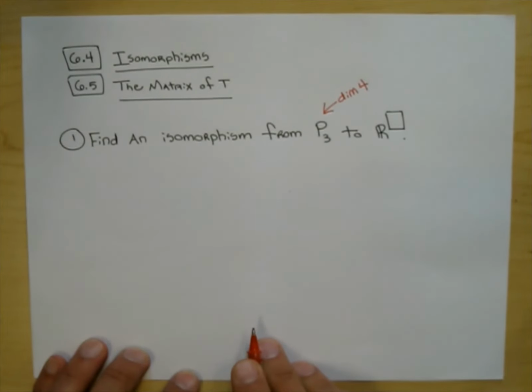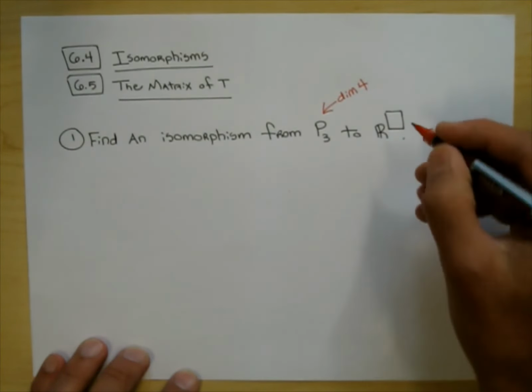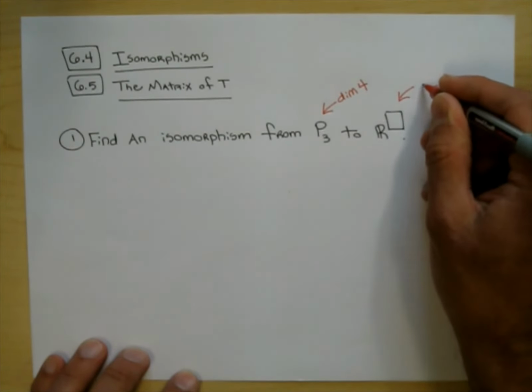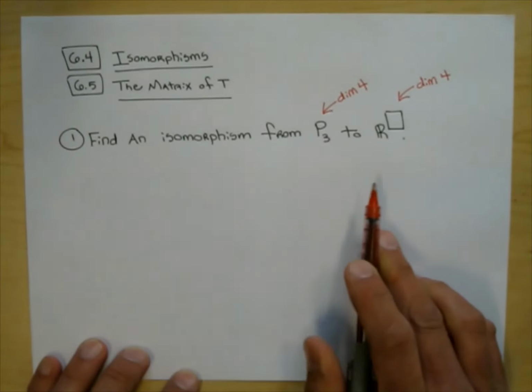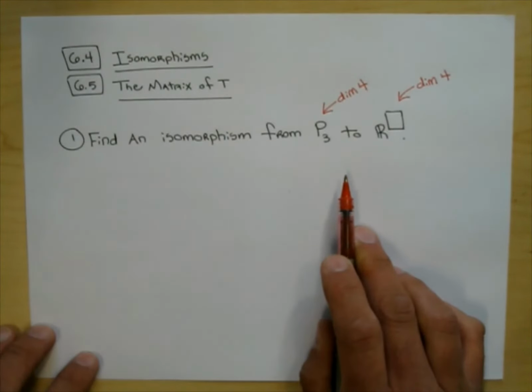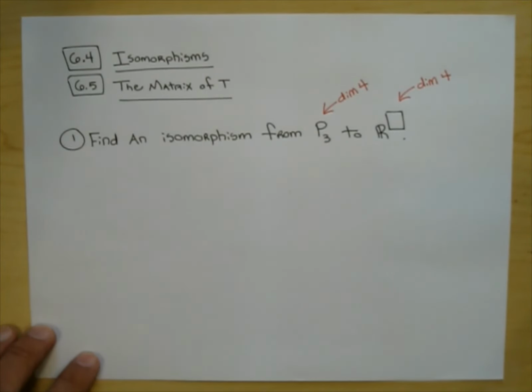Now, for a linear transformation to be both one-to-one and onto, you have to go from the same dimension to the same dimension. So this also must have dimension 4. So there's two parts to this problem, really. We didn't mention this. One is filling in that box, and the other part of the problem is actually finding that isomorphism. So let's go ahead and fill in the box.